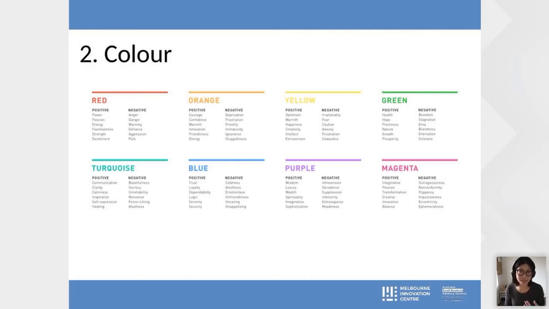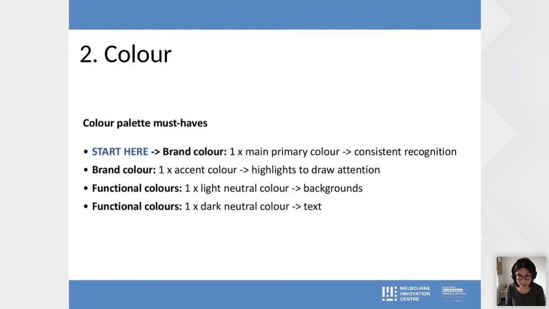Or if it is related to an industry, for example, if it's eco-friendly, typically you'd think of green. In these cases, you would want to link color back to something related to your industry or niche. So that's how you would use color.